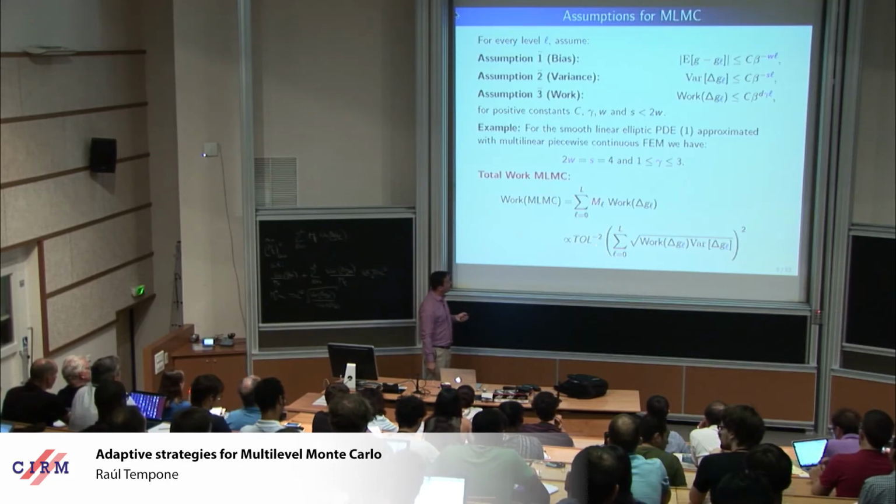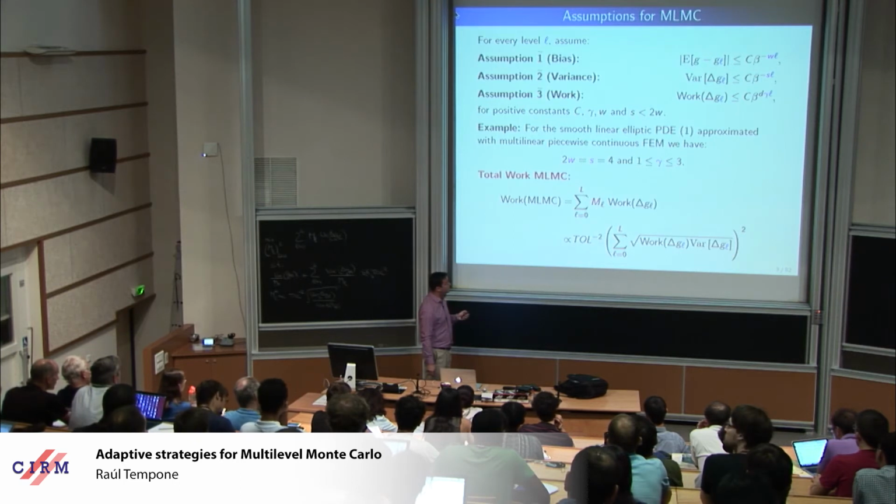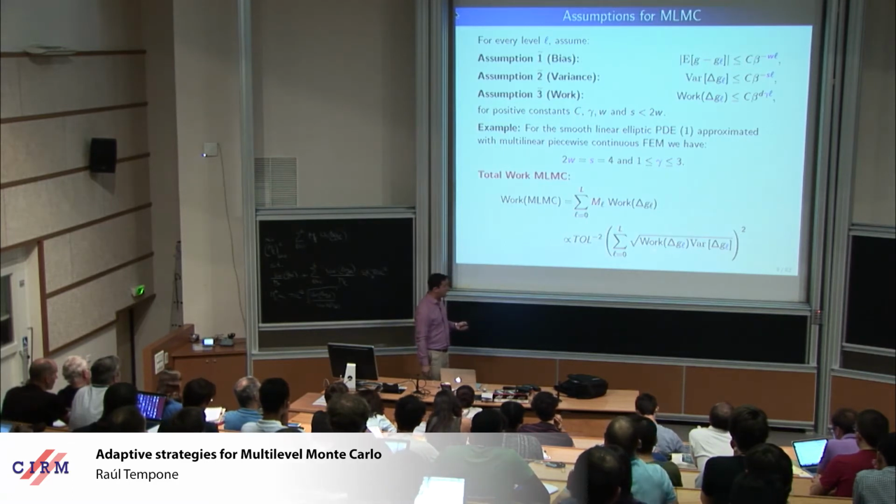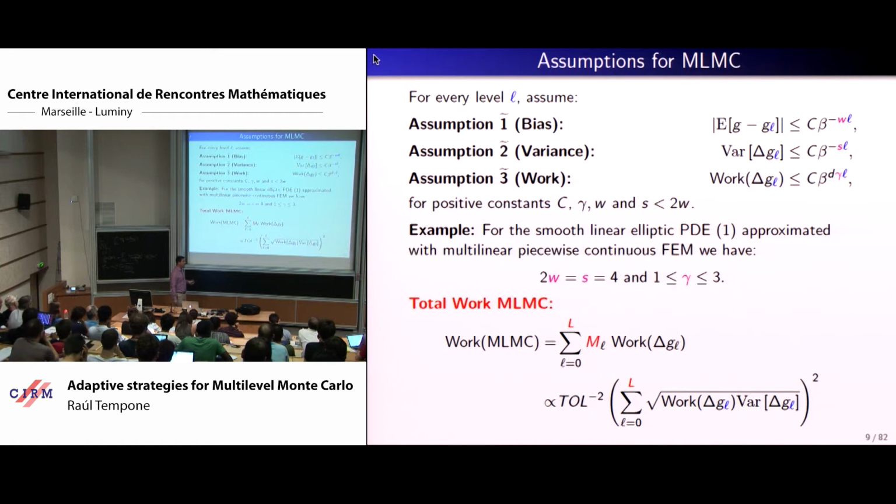So what do you see from here? You see that after you substitute the optimal number of samples, the cost only depends on capital L, right? Because these are problem and discretization-based constants. Okay, so once you give the discretization method and the problem, of course, this work L and the variance L essentially are given.